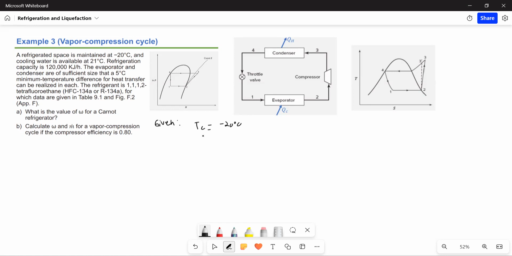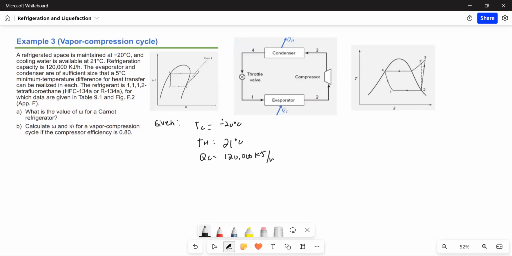So that is the condenser, at the condenser, 21 degrees Celsius. Refrigeration capacity is 120,000 kilojoules per hour. So that's QC, kilojoules per hour.